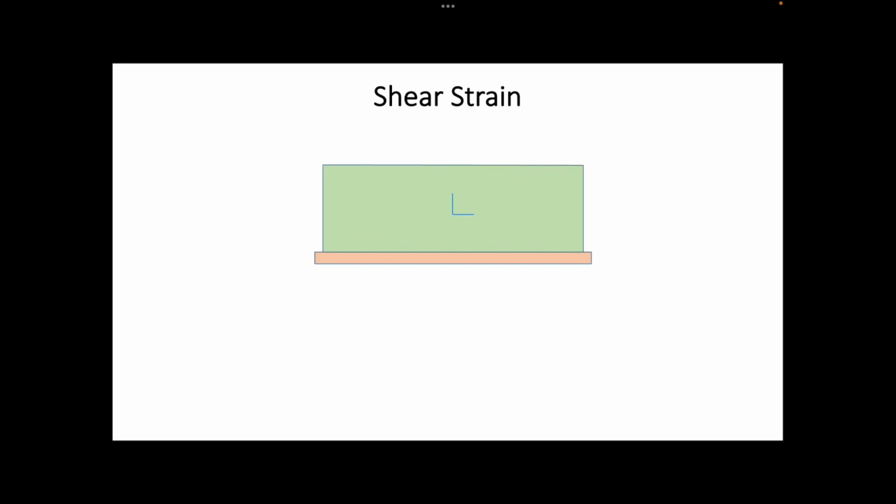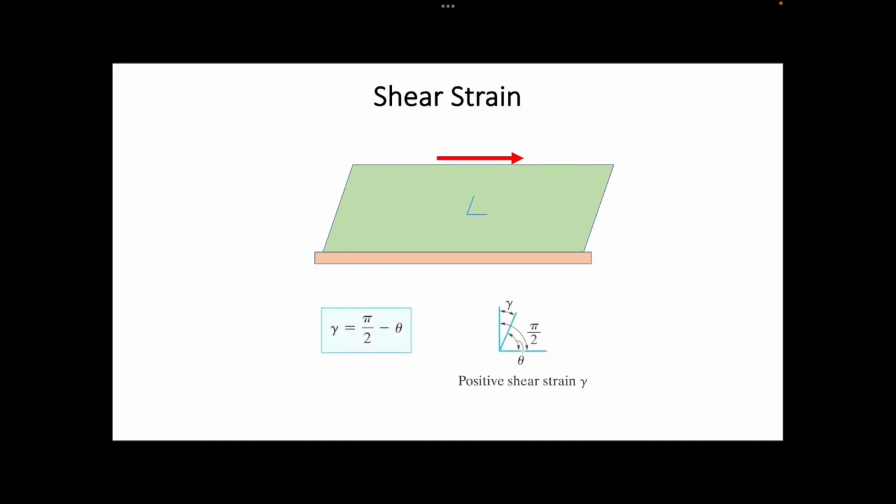To illustrate, if we apply a force on the top surface of this block and consider the shear strain for the two blue lines, then the shear strain, as defined by the formula on the screen, will be positive.